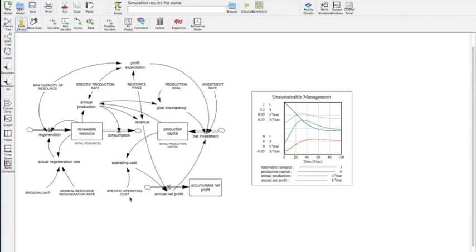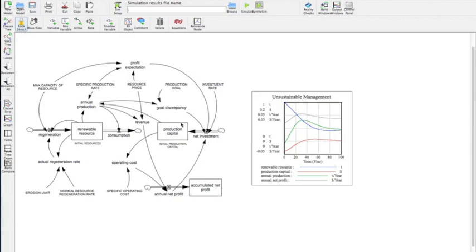The only difference is that when you look at the net investment component here, there's no link between the capacity of the resource and the net investment. So in this case, the investments in capital do not consider the availability of the resource as a factor. There's no modulation of production based on resource availability.